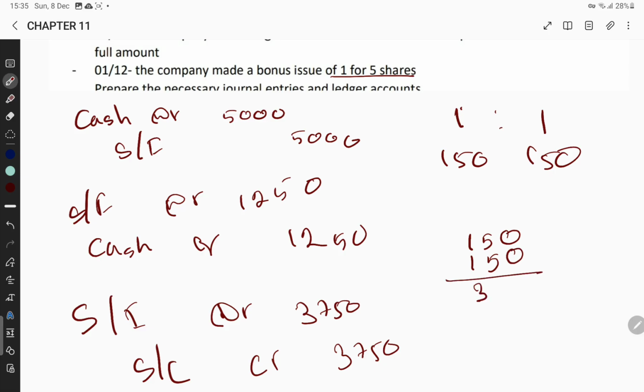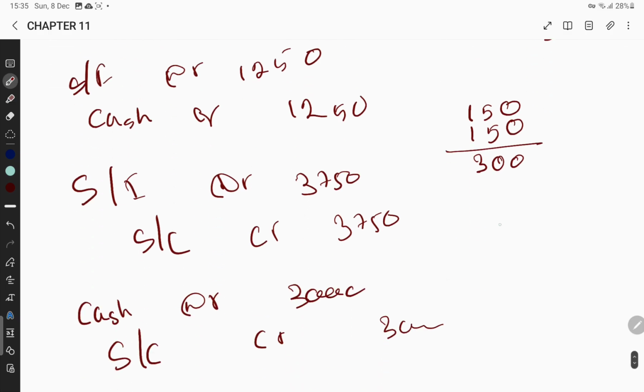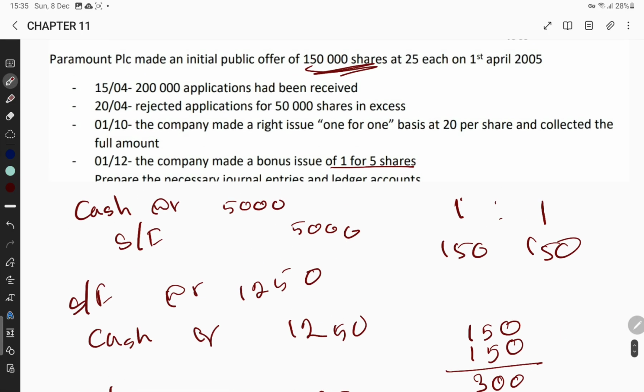So now we have 300,000 shares. For all those who own 5 shares, they will get 1 free share. So 300,000 shares divided by 5 is how much? 5, 10, 15, 20, 25, 30. 60,000. So we are going to issue 60,000 shares free of charge.